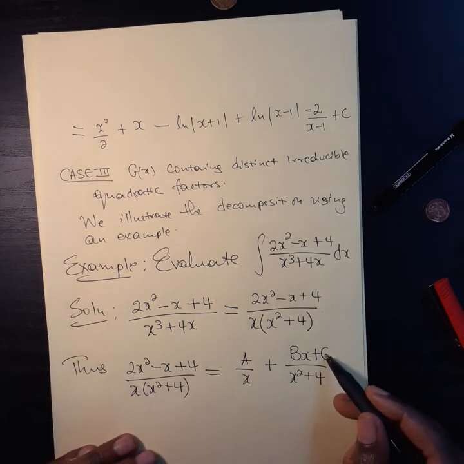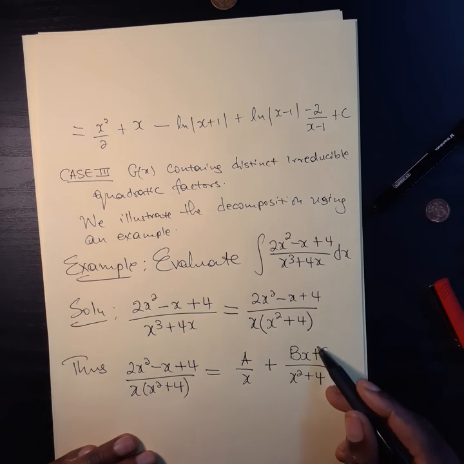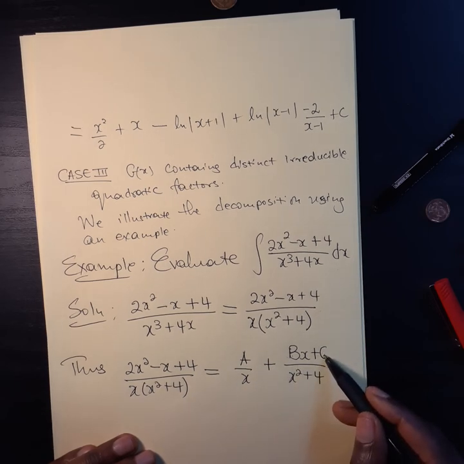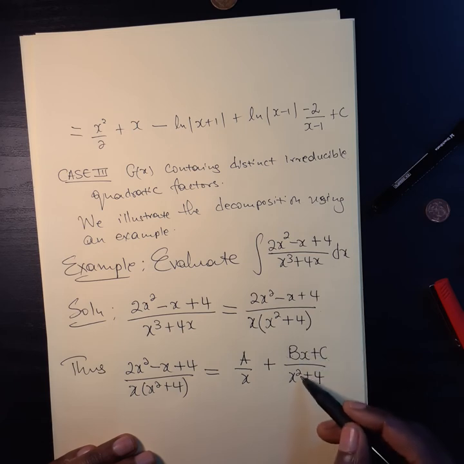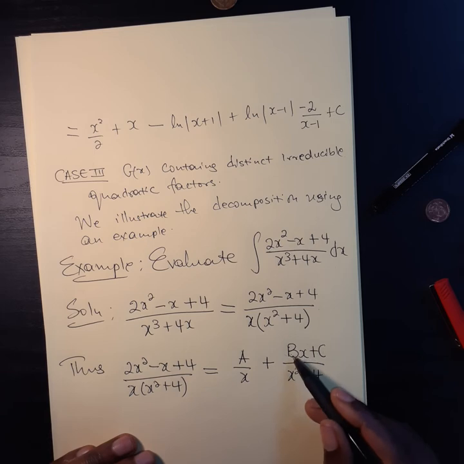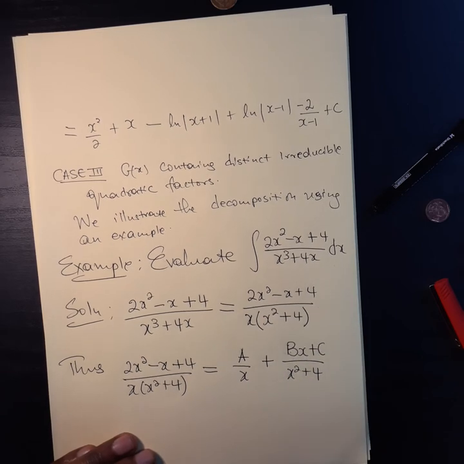Bx plus c. So this will be a linear something with degree 1, and this is a constant. Then like that with 2 constants appearing this way.